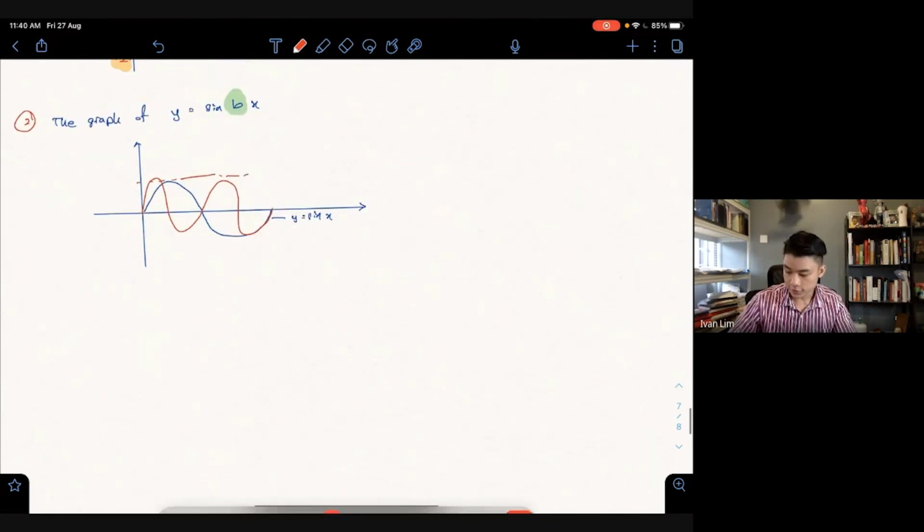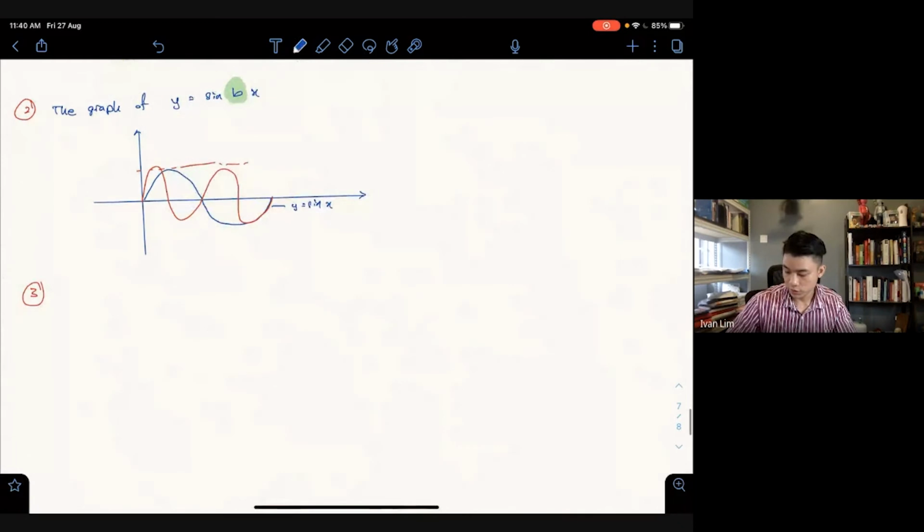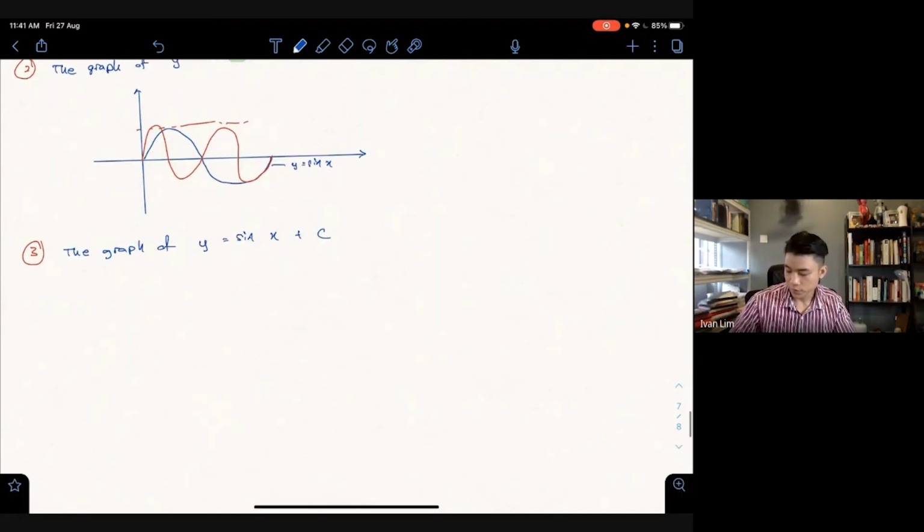The third case, let's say I were to draw the graph of y equals sine x plus c. Go type into your Desmos again, then see how the graph looks like.